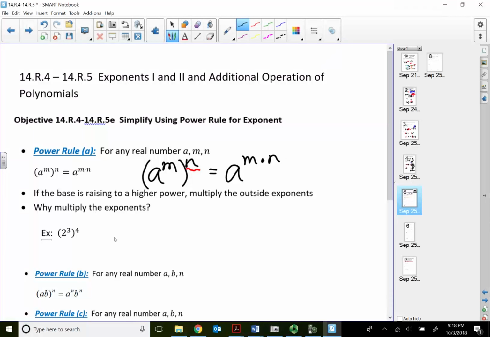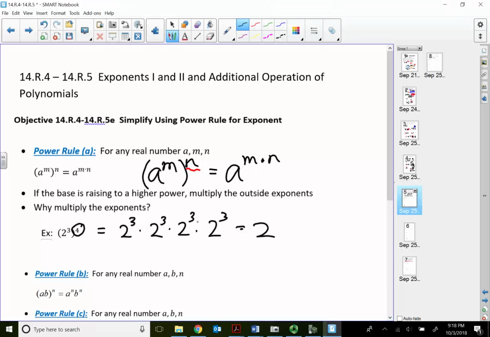Why do I have to multiply the exponents in this case? Because if we focus on the exponent on the very outside, then everything inside is the base. For this example, 2 to the third is the base, so 2 to the third will times itself 4 times. When the bases are the same and all the bases are multiplying, we can simply add the exponents.